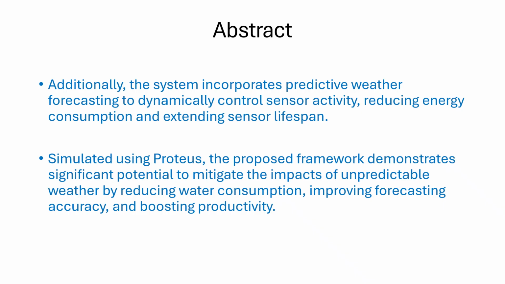Water consumption will be less. If there is humidity in the atmosphere, we can reduce the water consumption, improving forecasting accuracy, and this will ultimately improve the productivity of the crop. In my opinion this is a very productive method, and in India we can also use this method to improve our crop fields.